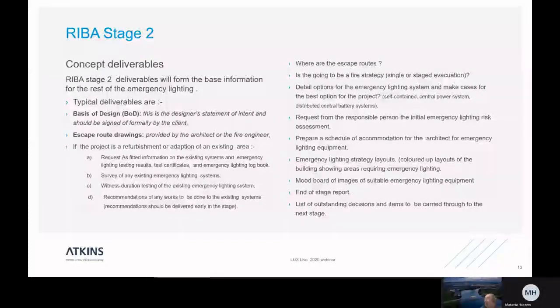There will be perhaps more information if there are project specific things, but essentially there is no difference in what it is supposed to deliver. If you have any outstanding items or decisions, I always say list them in the end of stage report so that people know that these things are outstanding and need to be dealt with at the next stage, so that you don't miss them and they don't get forgotten.